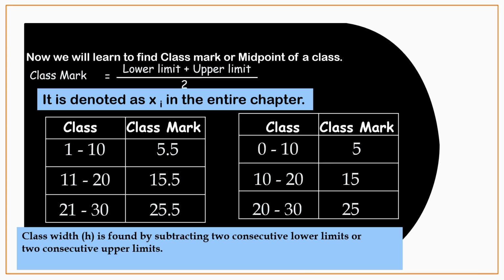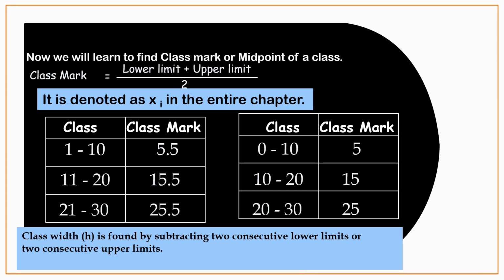So class width, that is h, is found by subtracting two consecutive lower limits or two consecutive upper limits. So whenever we have to find the class width, how will it be found?